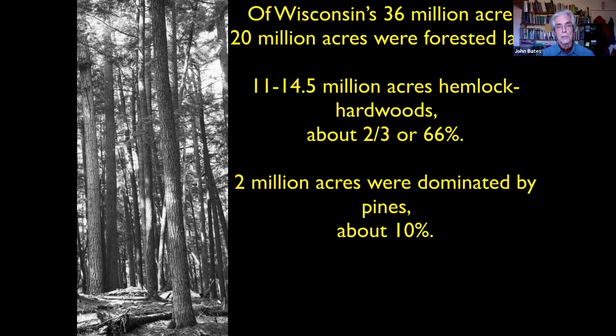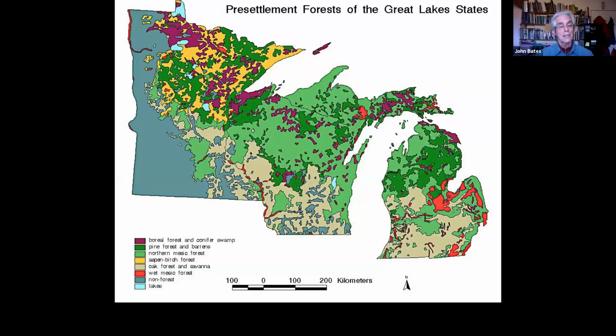So there's a map of the pre-settlement forests of the Great Lakes states, just to show you that things vary from Michigan to Wisconsin to Minnesota. Note all the yellow in Minnesota, which is aspen birch forest. Minnesota is much drier in its northern forest than we are, and so it was more of a fire-based system over there.